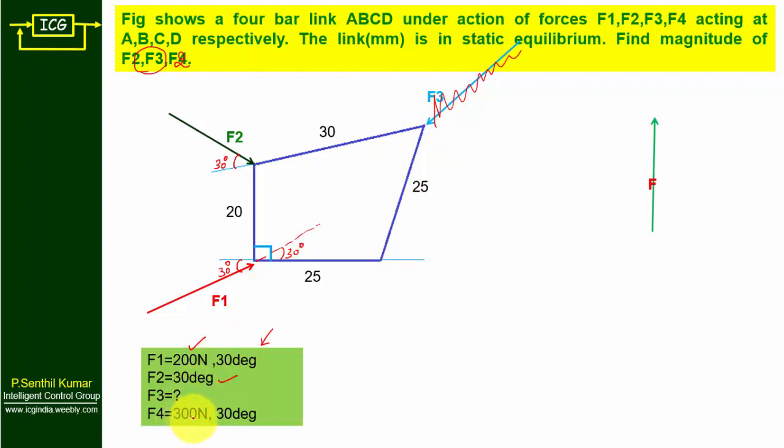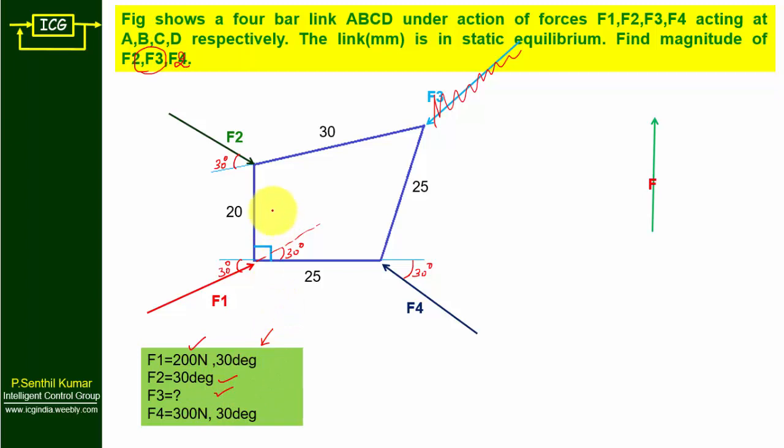For F4, magnitude as well as direction are known, so there is no need to worry about F4. Here angle 30 degree, magnitude 300 Newton.